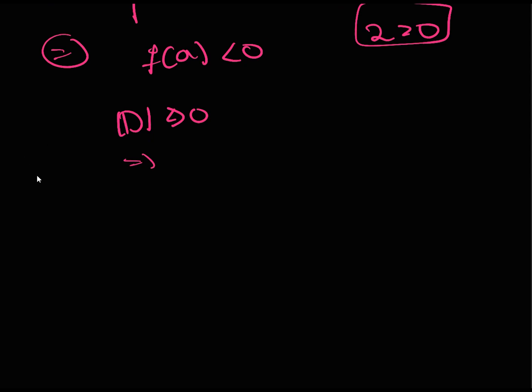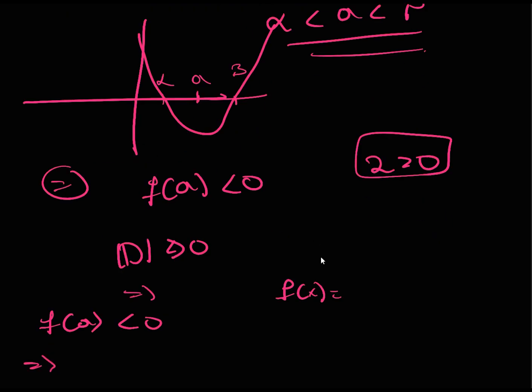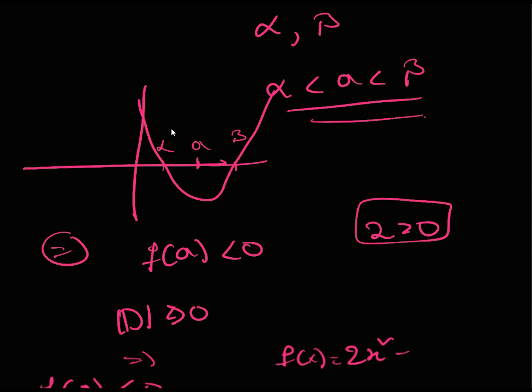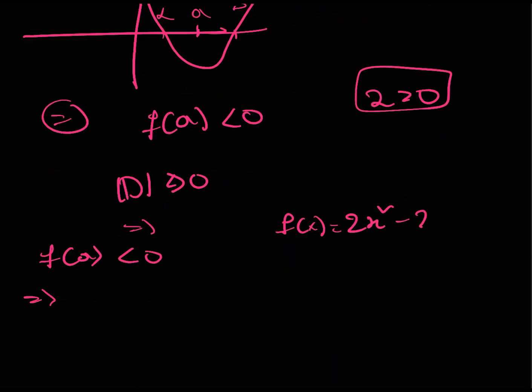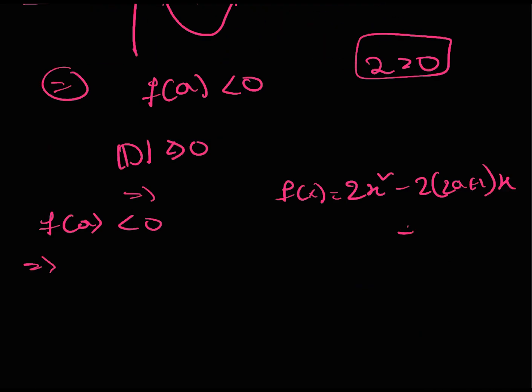Now let us do the first one, f of a less than 0. That means f of x equals 2x square minus 2 times (2a plus 1) x plus a minus 1 into a.